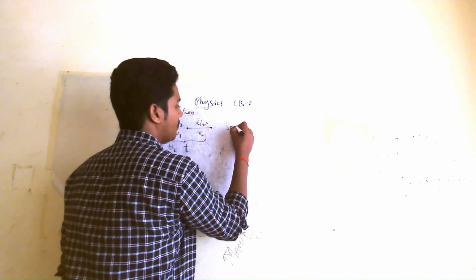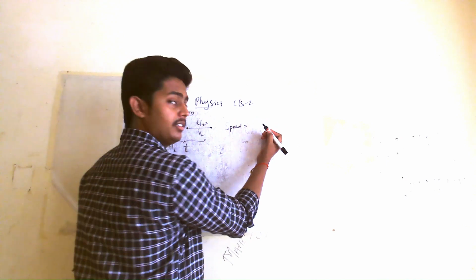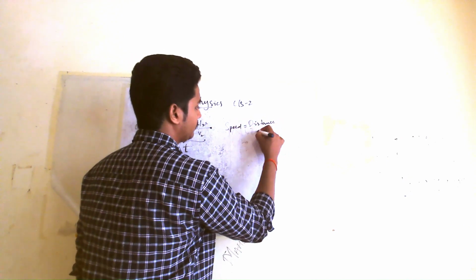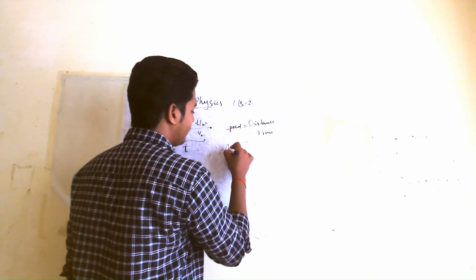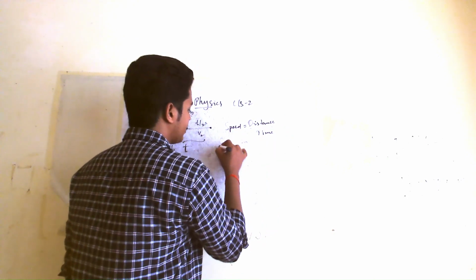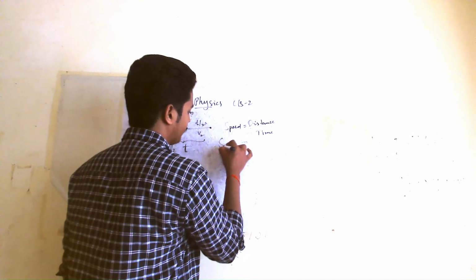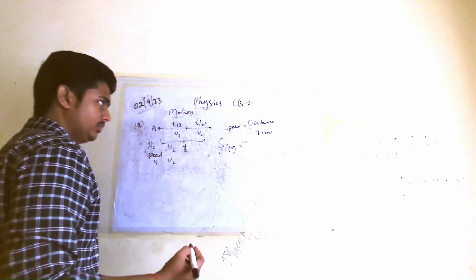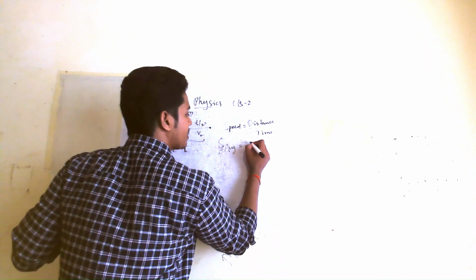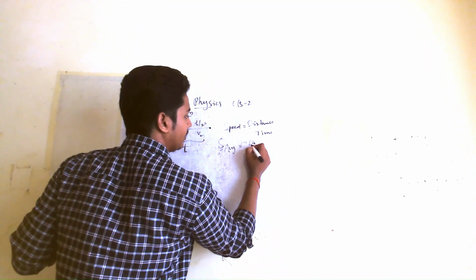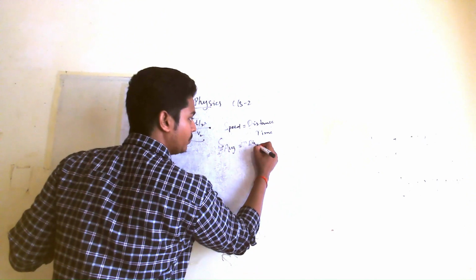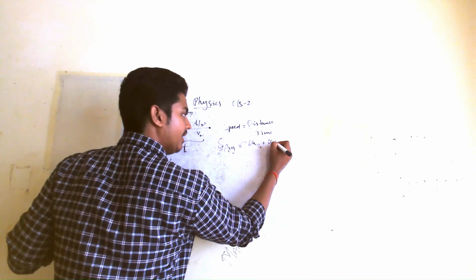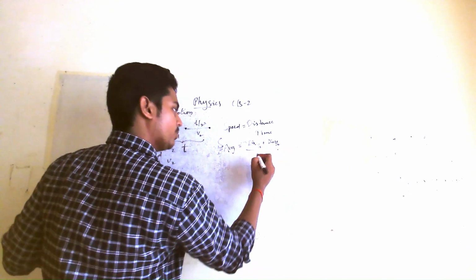We know the speed formula is distance by time in general. Here it asks for average speed, so S average is equal to the distance travelled in time t by 2 plus the distance travelled in the next time t by 2, divided by the total time taken.